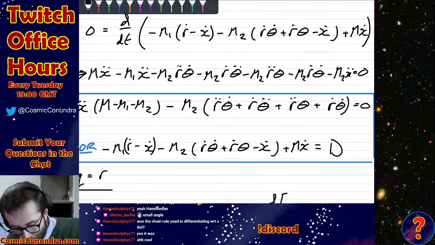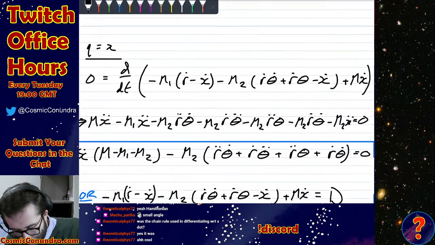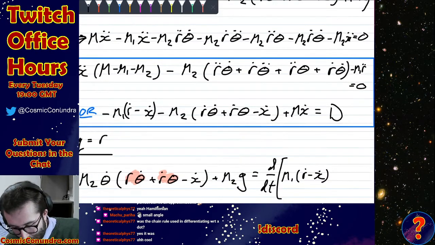Yeah. Where can I cram that? Well, for the sake of correctness, I'll put it there. Minus m1 r double dot. Okay. So yeah, you're right. So that has modified this equation slightly. Okay, great. Thank you.